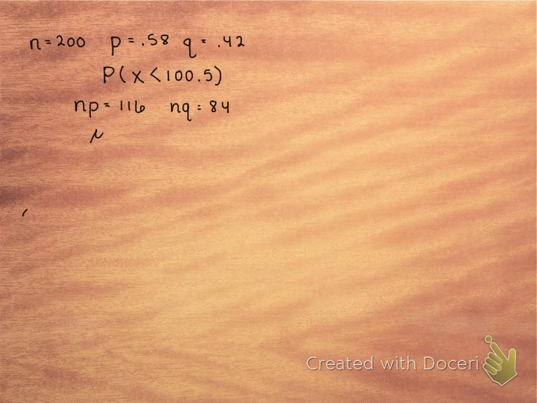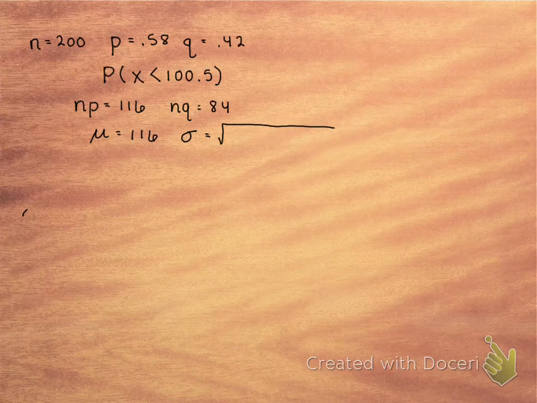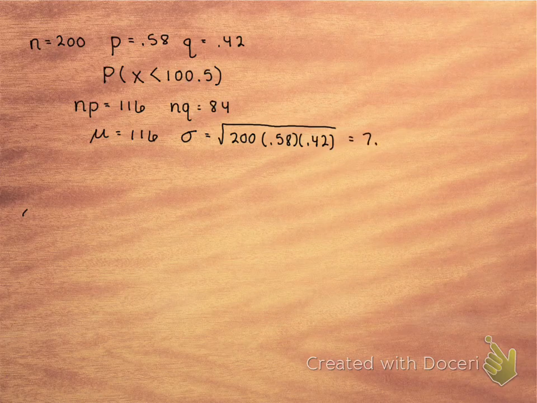And the mean is N times P, and the standard deviation is the square root of 200 times 0.58 times 0.42, which is 7.0, rounded.